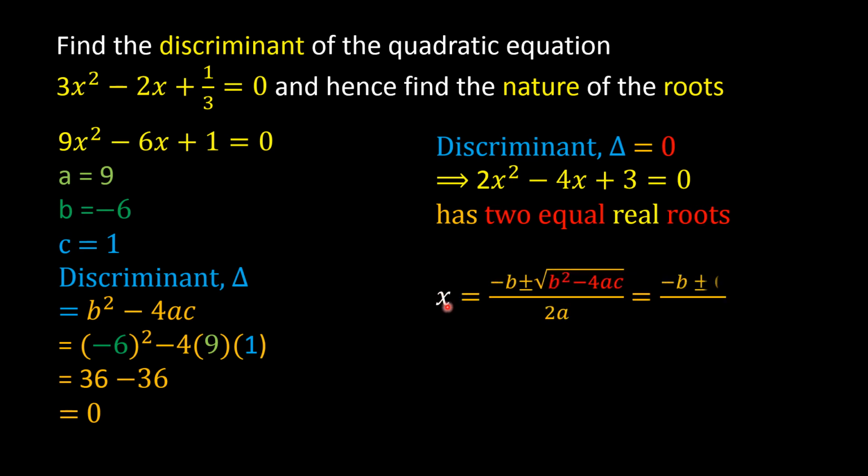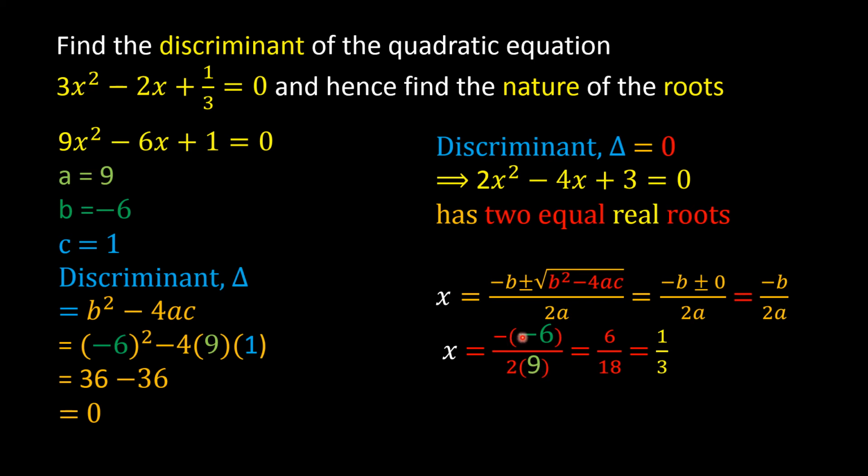We have the quadratic formula x equals minus b plus minus under root b squared minus 4ac divided by 2a. Now here under root b squared minus 4ac will be under root 0, which will be 0. So we get minus b divided by 2a. We will substitute the values. b is minus 6 and a is 9.